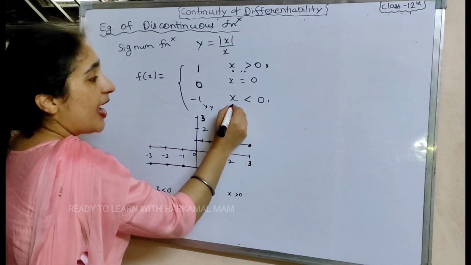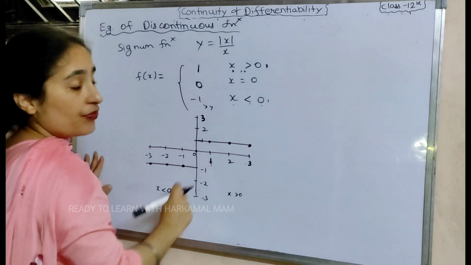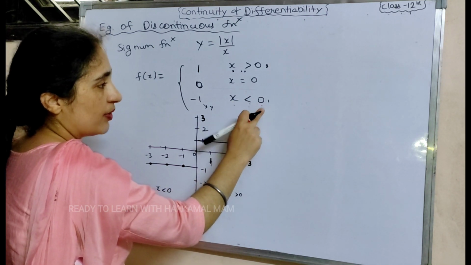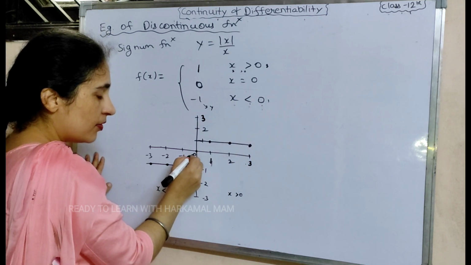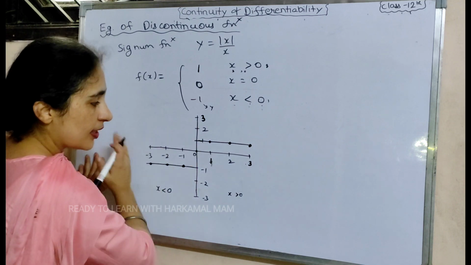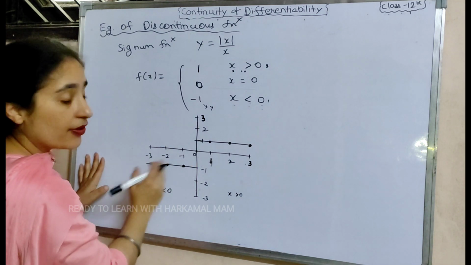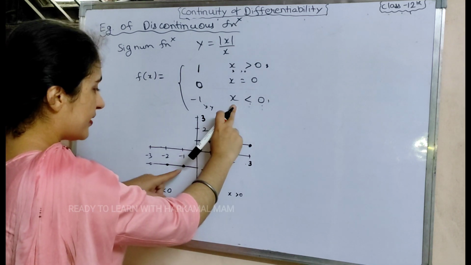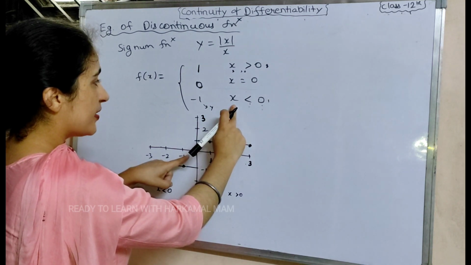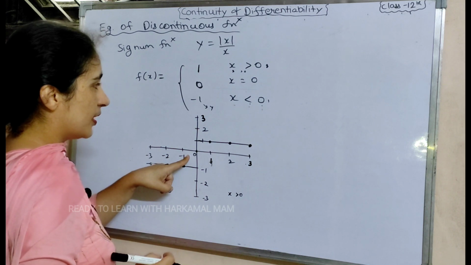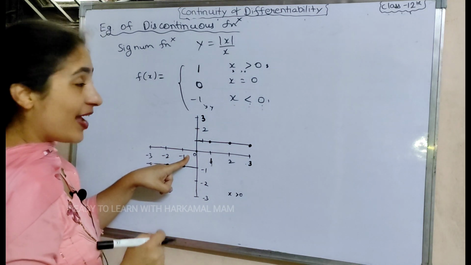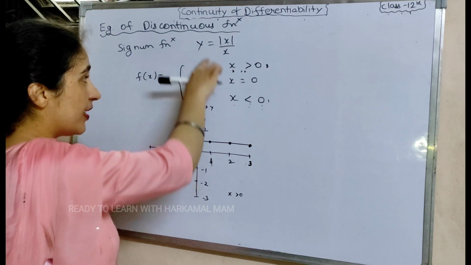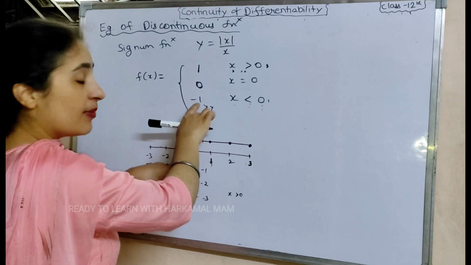When x is less than 0, it means the negative side. If we take x is minus 1, the value of y remains minus 1.